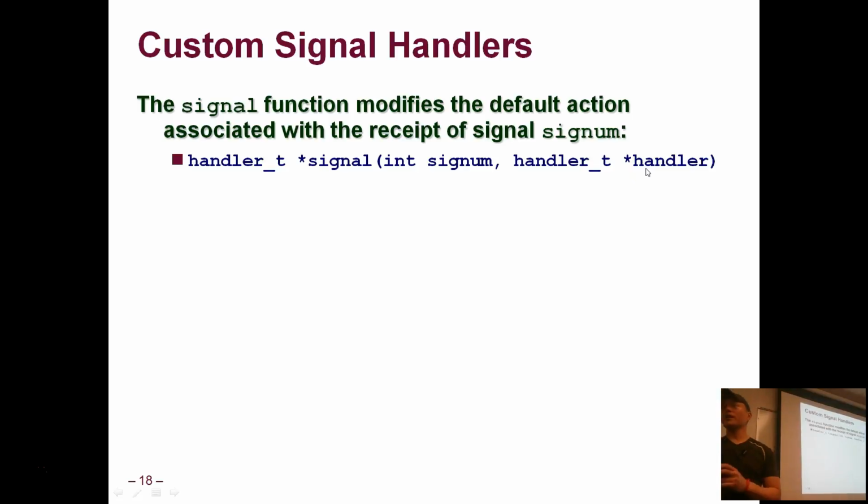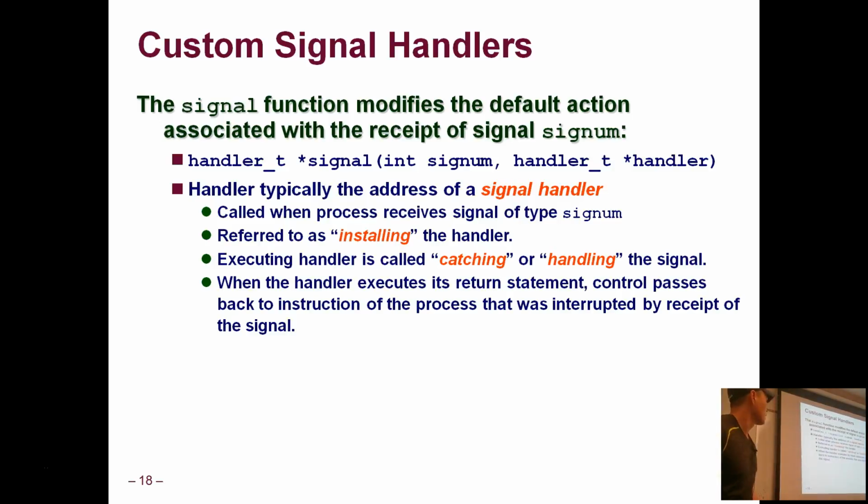So I would define the name of my handler as, say, handle. And then I would say, this is a pointer to handle, and then that registers my signal handler to run. After I instantiate the signal handler to run on that signal, it's called installing the handler. And then when you are given that signal, this handler will catch that signal and handle it.